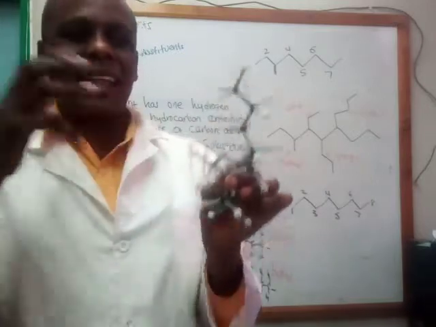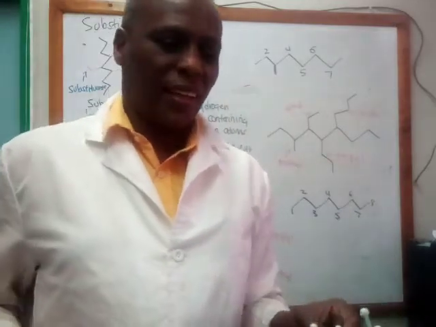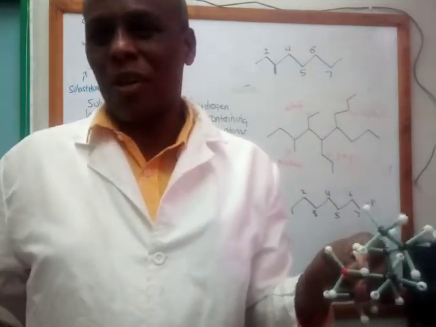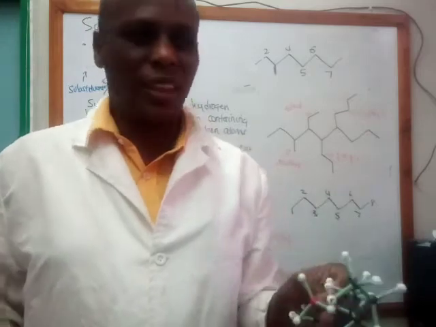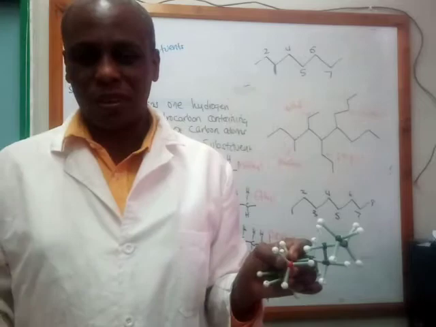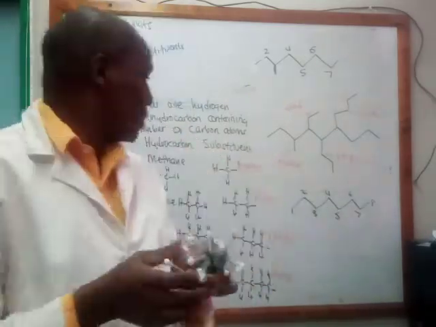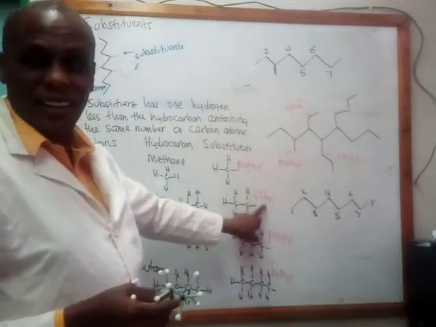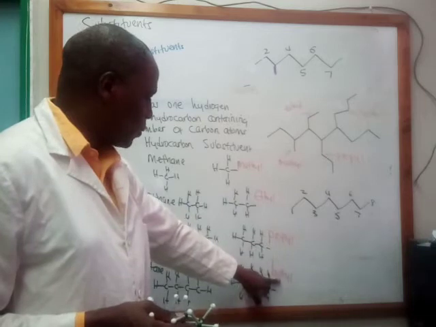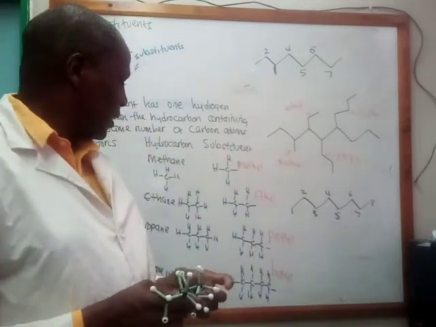Remember, as I mentioned, in this course for engineering we are not going beyond 4 carbon atoms for substituents. 1 carbon atom, methyl. 2 carbon atoms, ethyl. 3 carbon atoms, propyl. 4 carbon atoms, butyl. Is that okay?